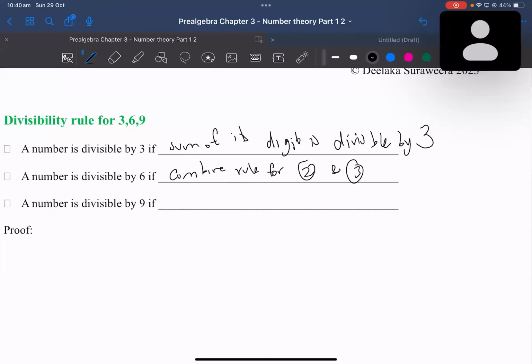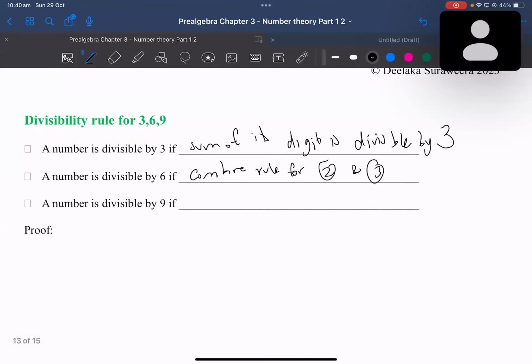Wait, could you type it in? It's a bit unclear. Oh, just on the chat, send it to the host account. And we'll go to divisible by 9 now.